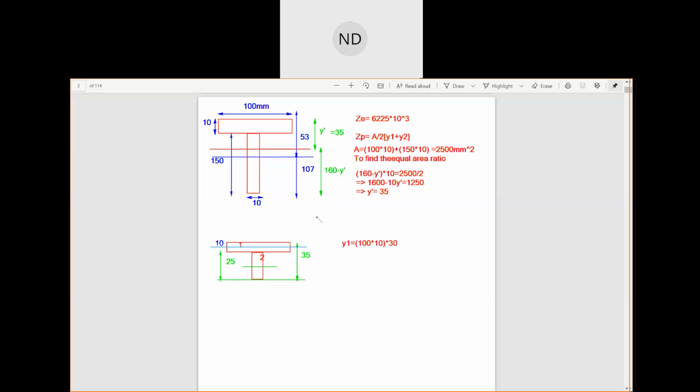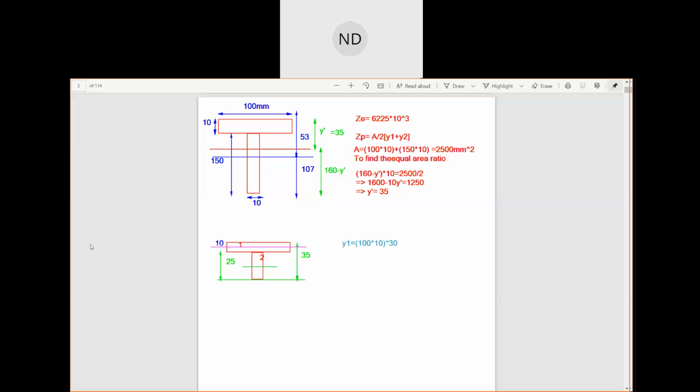So you see now y1, I have written: the first member is how much? 100 into 10 into 30. Why 30? Because the CG of this first member from the equality axis is how much? This portion is 25 plus half of this 10, that is 5. 25 plus 5, 30. That's why 30.